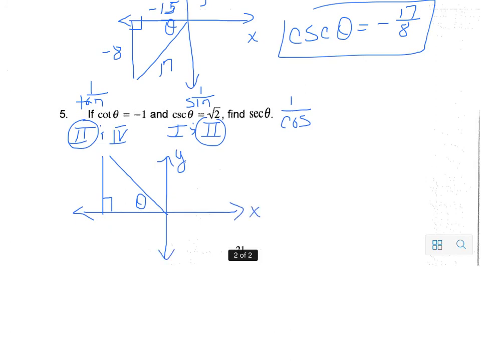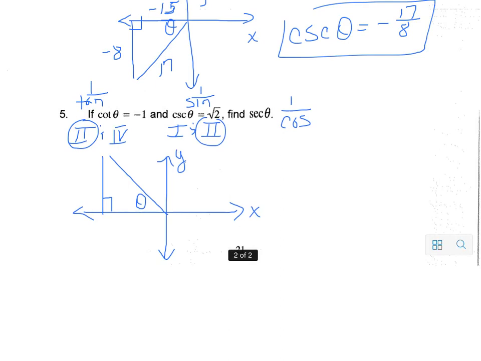All right, cotangent is -1 and cosecant is radical 2. Got to think about this for a while. Let's see here. If cotangent is -1, the reciprocal of -1 is also -1. So tangent, which would be opposite over adjacent, how would I get a -1?